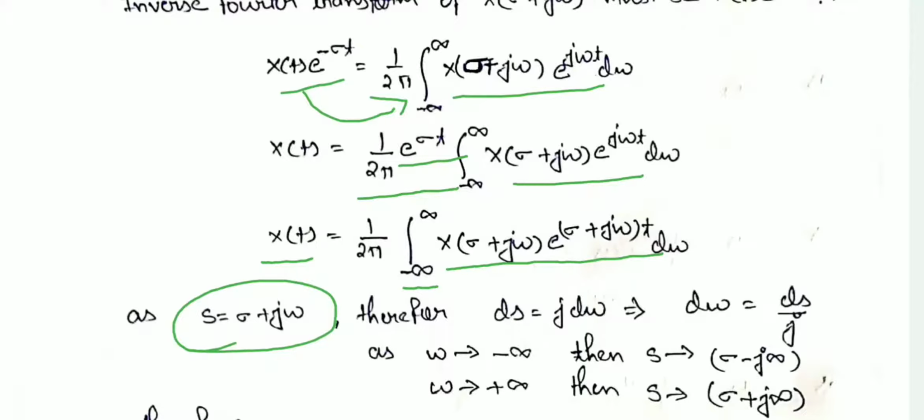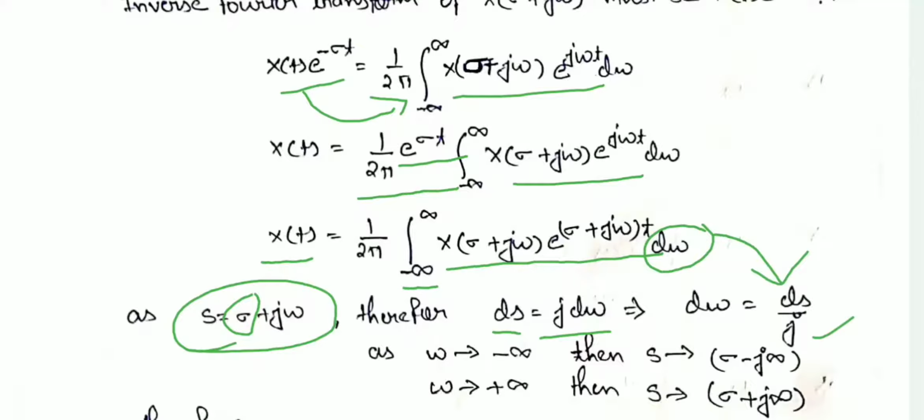when we differentiate it, ds becomes j d omega, because sigma is a real constant and its differentiation is 0. Then d omega can be replaced with ds upon j.